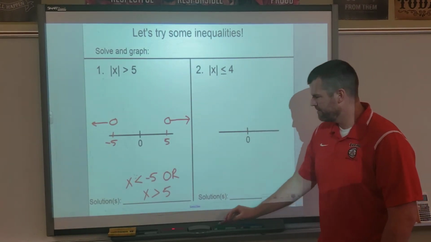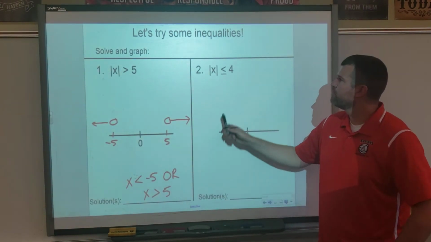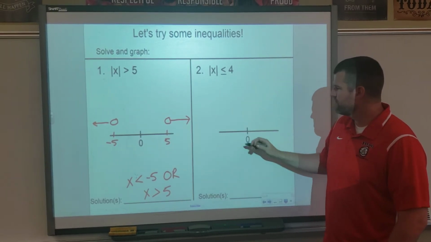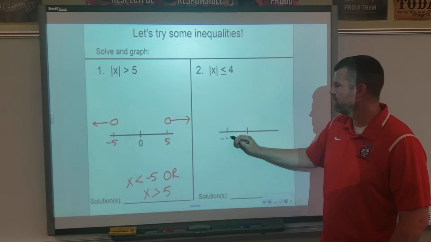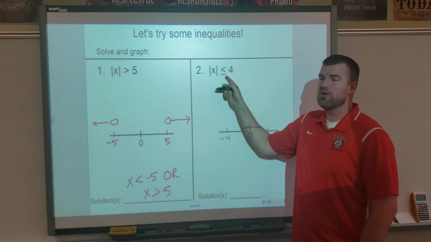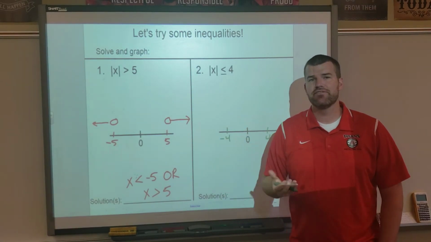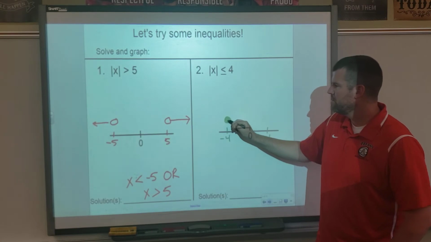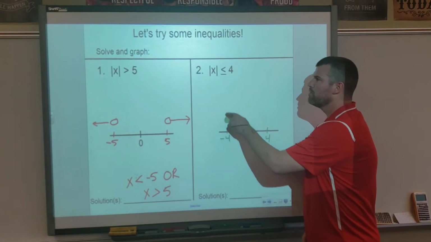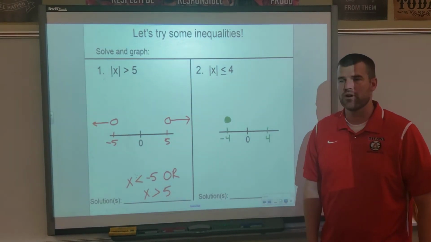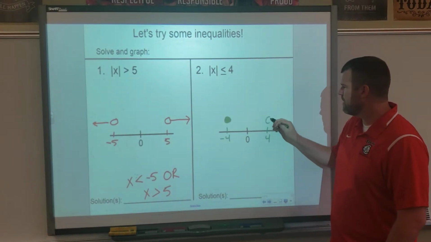Now this one's a little bit different. If our distance is 4 spots away from 0, we would either be at -4 or +4. But this one says we can equal 4, so we can be exactly 4 spots away, which means I'm going to shade in my circle to show that -4 would work, because -4 is equal to an absolute value of 4. Same thing with +4.